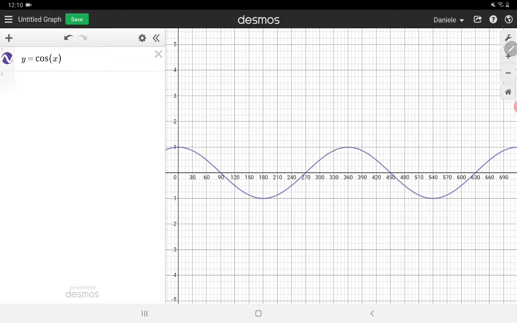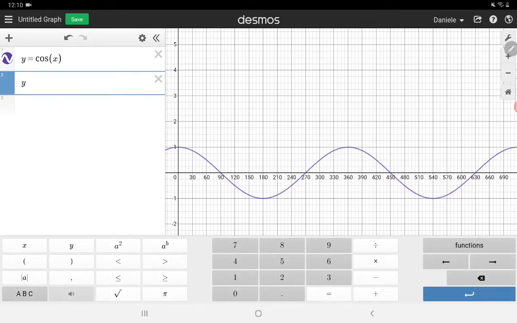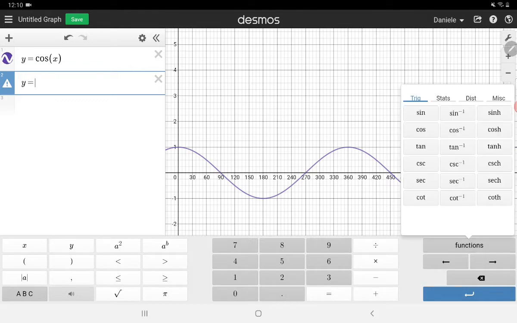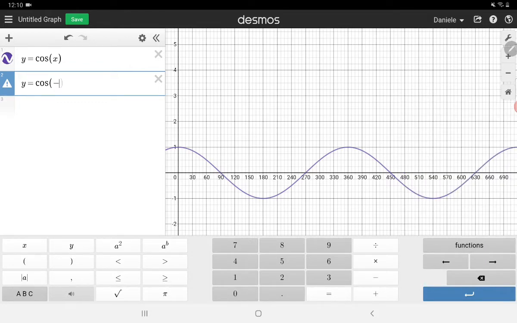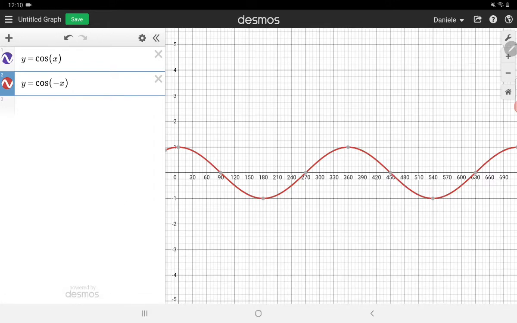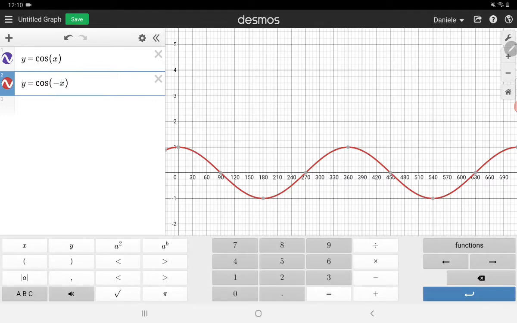So I'll just add a new graph here, and I'll do y equals cos of negative x. For whatever reason, Desmos doesn't want to graph that.